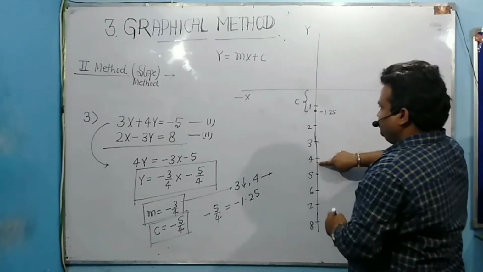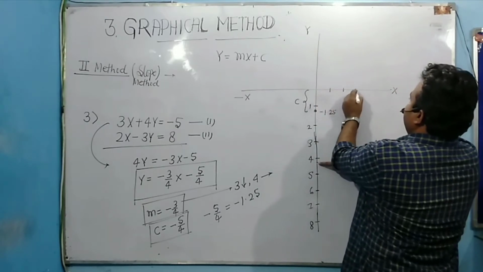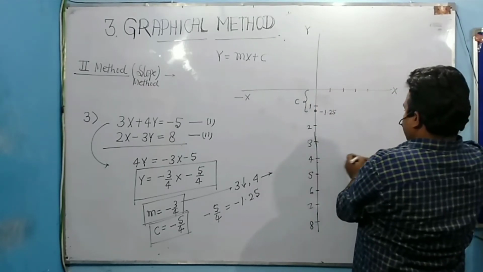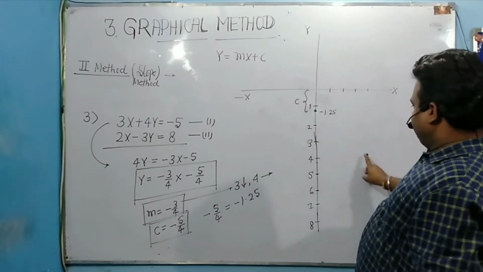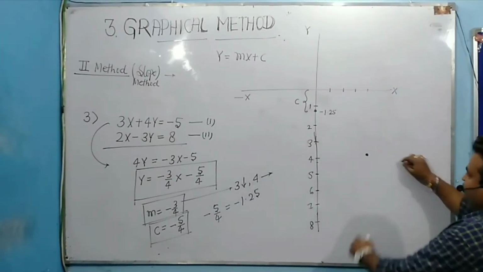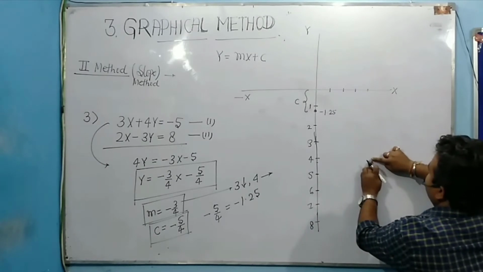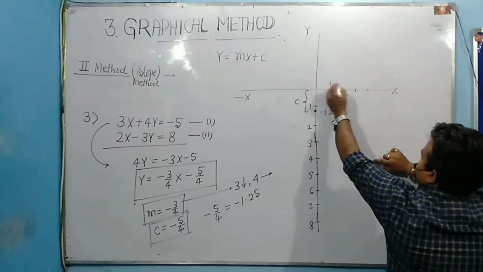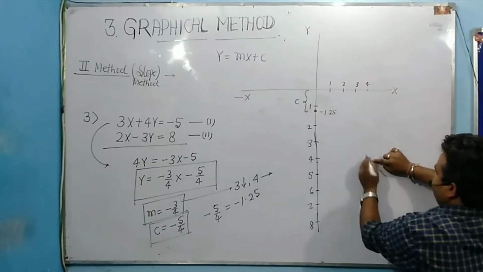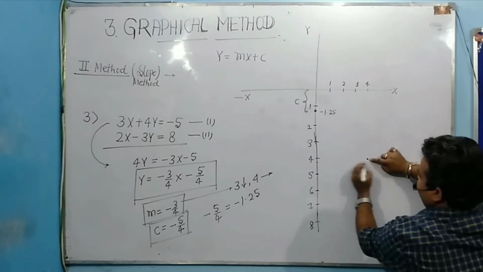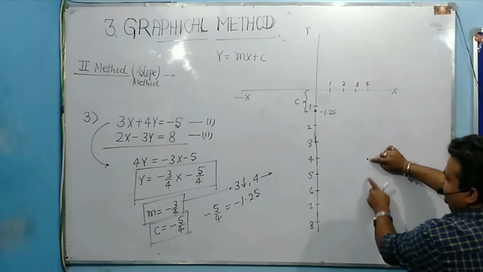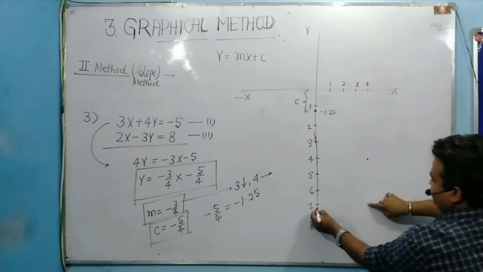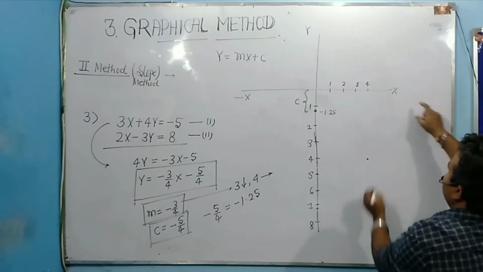So this is my 3 strokes and 4 strokes, 1, 2, 3, 4. 4 strokes rightward. Okay, this point. So now you have 1 point here, 1 point here. Now again you move from here to here. 1, 2, 3, 4. So this is my 4, this is my 4.25. Again 3 steps downward. 1, 2, 3. 3 steps somewhere here, and then 4 steps rightward.